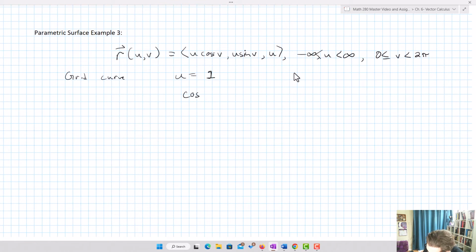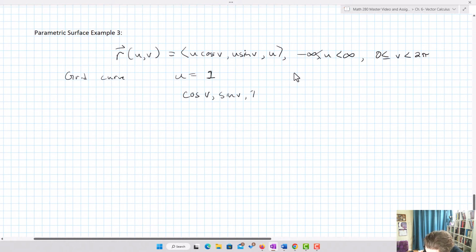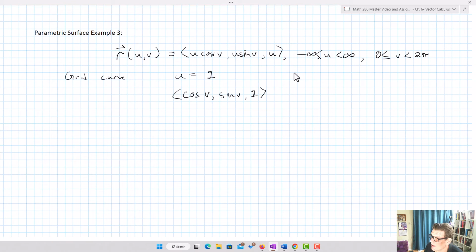Then I'm going to get cosine v, sine v, 1. And that's going to end up being a circle of radius 1 in the z equals 1 plane, since cosine squared v plus sine squared v equals 1.